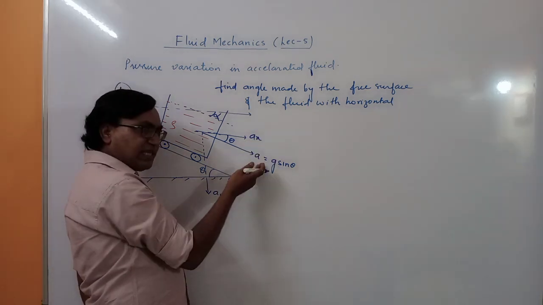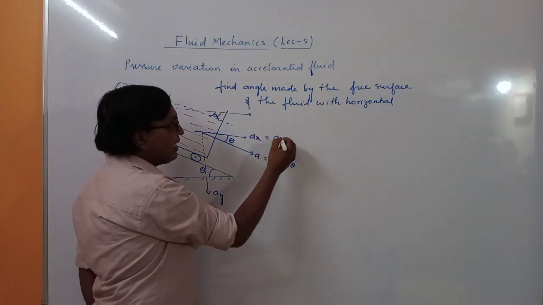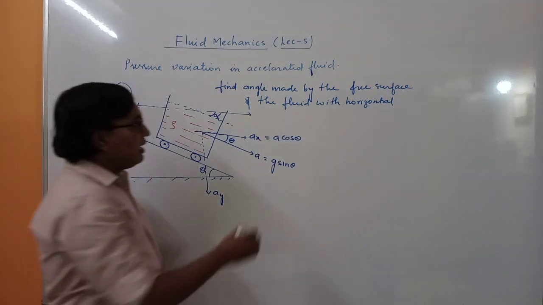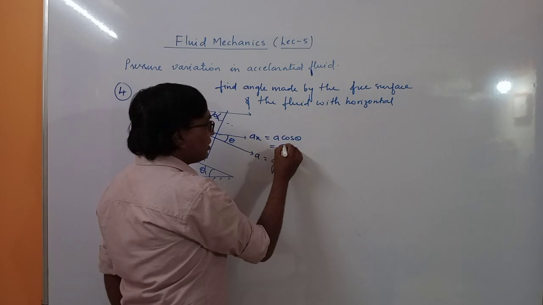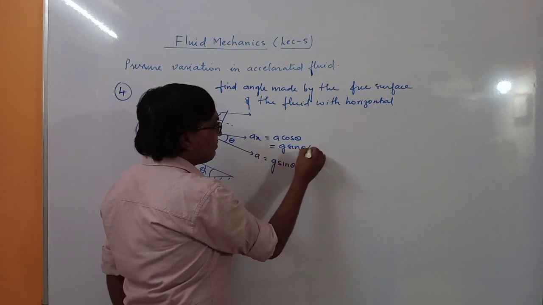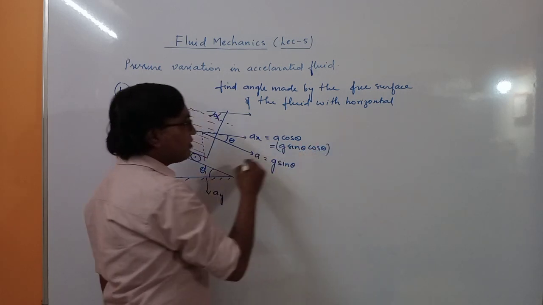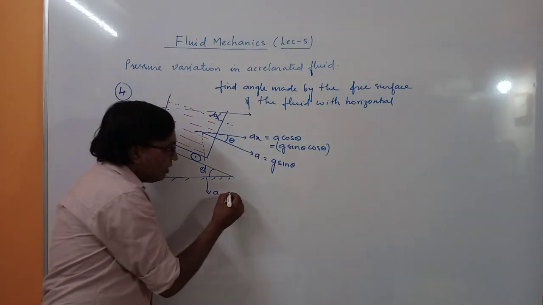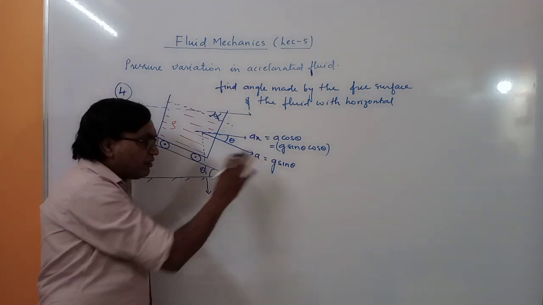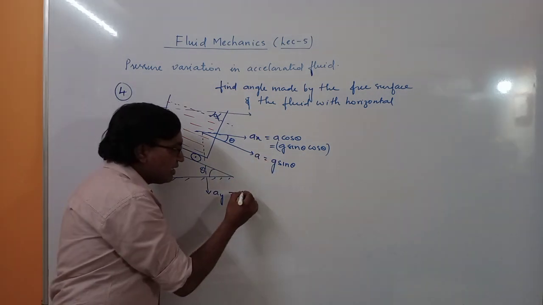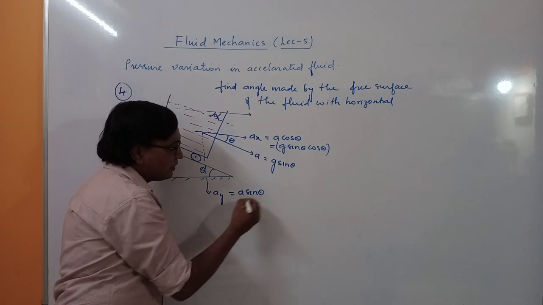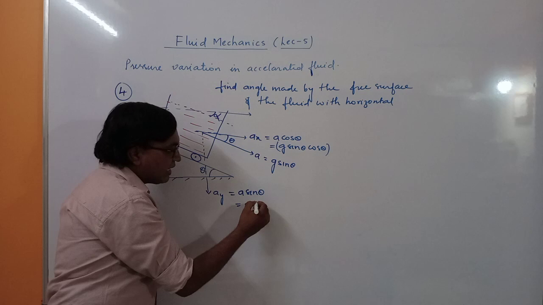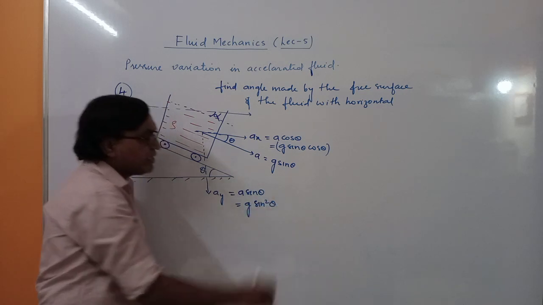So component of this acceleration, ax is a cos theta. And that is also equal to g sin theta multiplied by cos theta. So this is the value of ax. Then ay, vertical component of g sin theta, that is a sin theta, and that is also equal to g sin theta into sin theta. So that will be g sin square theta.